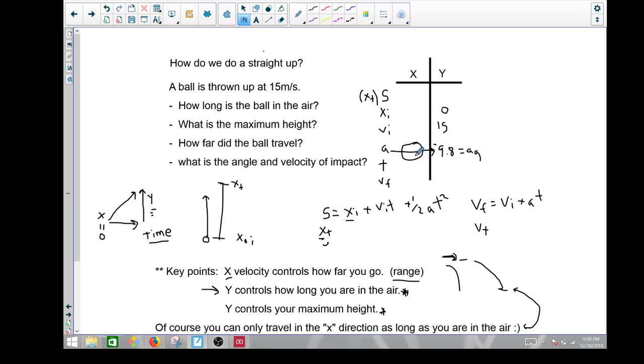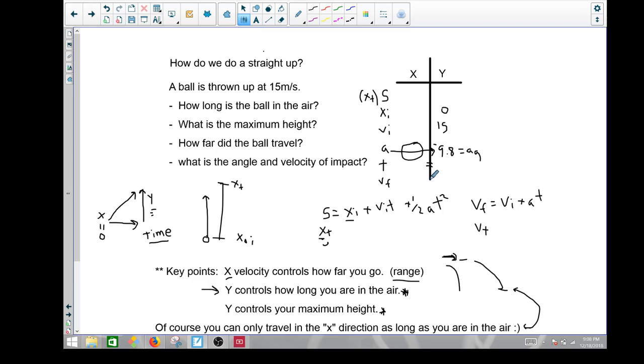You can have other accelerations in the x direction, but never gravity. Gravity can only work in the y direction. All right, time. I don't know the time yet because I haven't really started the problem yet, but I'm going to say for sure that whatever the x time is is also the y time.